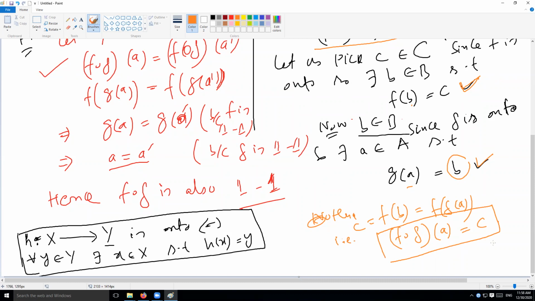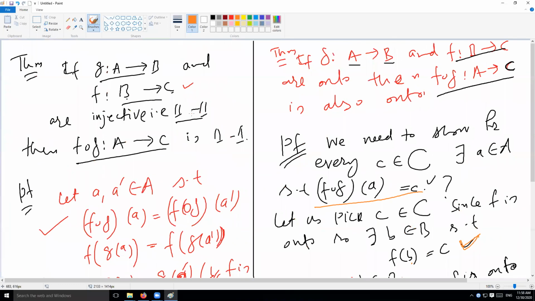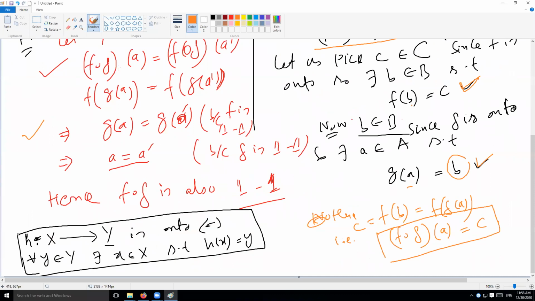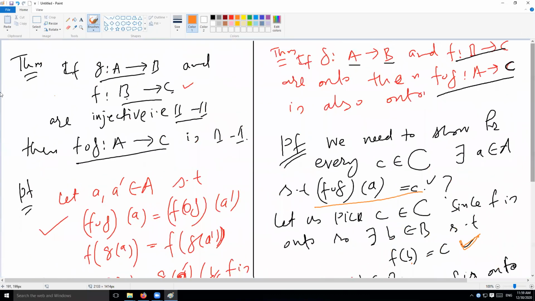So you saw the trick actually, why the composition is onto. We used the onto-ness of both F and G. What would be the natural corollary to this result?